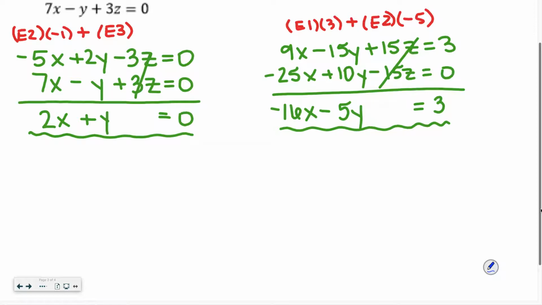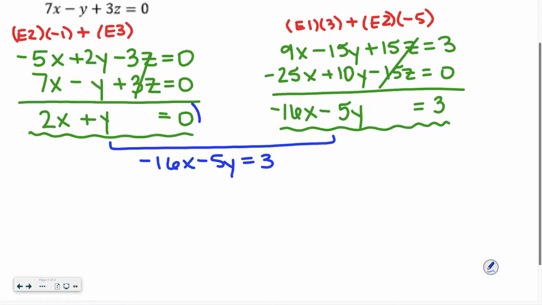If we take these two equations right here, I can take -16x minus 5y equals 3. And what would I need to multiply this guy by in order to get our x's to be opposite? 8. Okay.